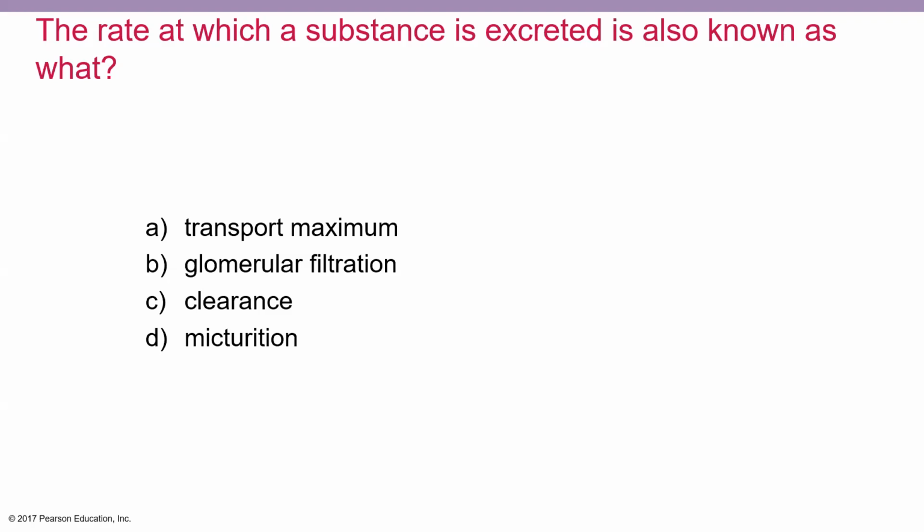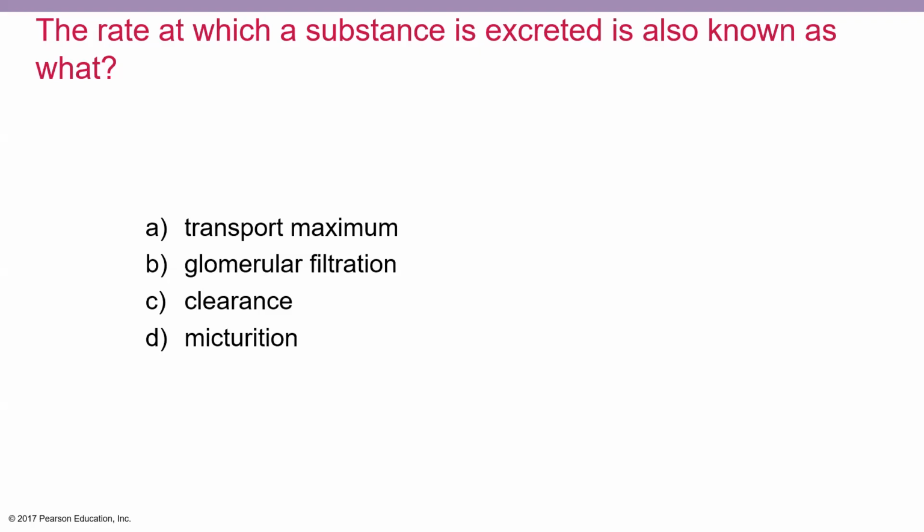Glomerular filtration is not the rate at which things are excreted. It's the rate at which things are filtered from the plasma or the blood across into the tubular structures. So that's going to be kind of the opposite end of the spectrum from the excretion or clearance.